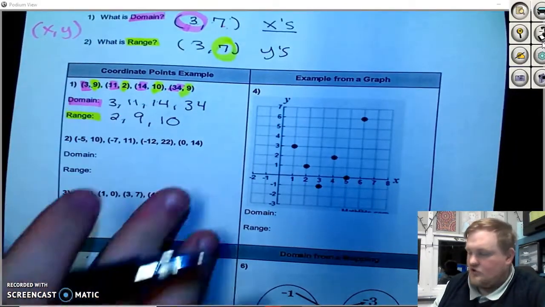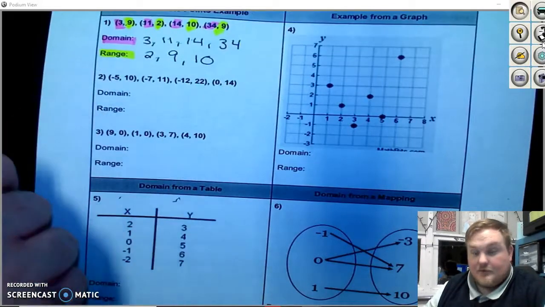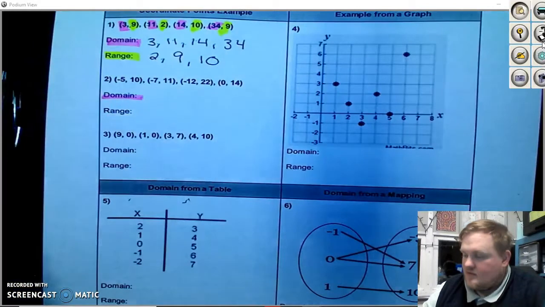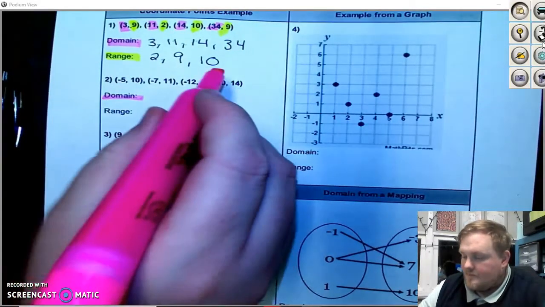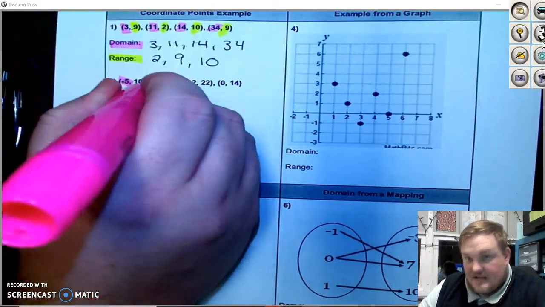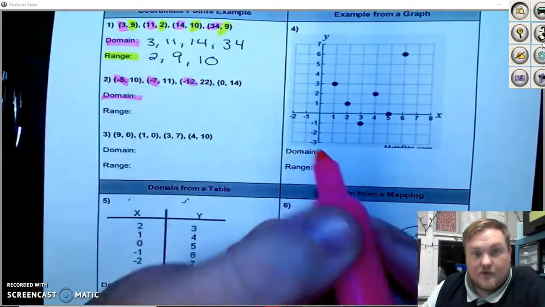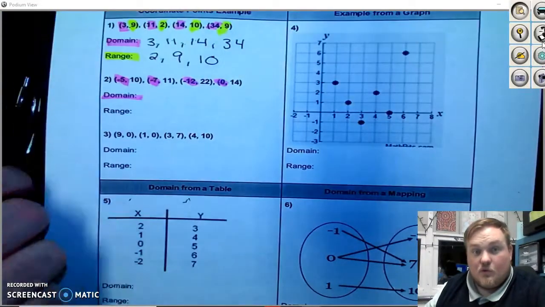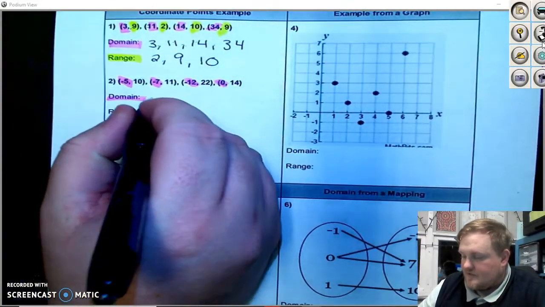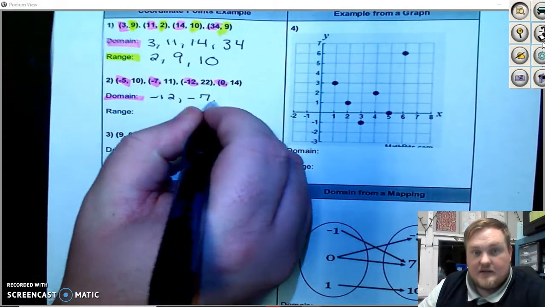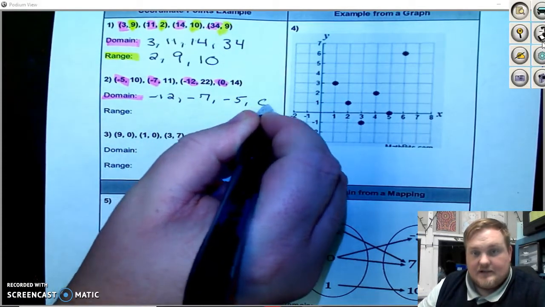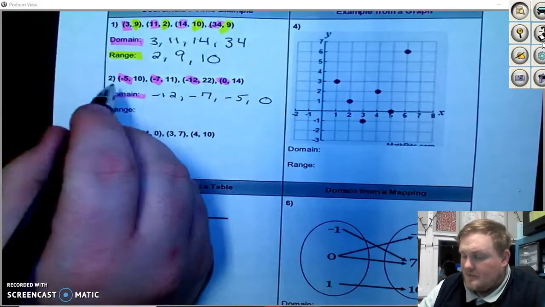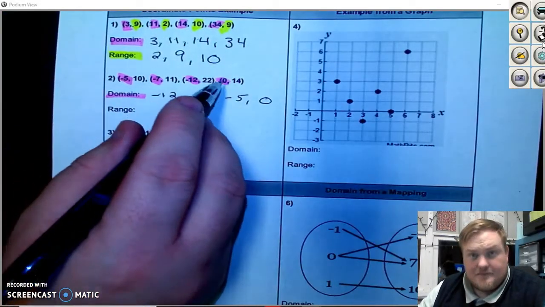That is the range. Again, looking at number 2, for your domain, it's all the x coordinates in your ordered pair. -5, -7, -12, okay, and 0. Again, they like to write it in chronological order, so I'll say -12, -7, -5, and 0. Just be able to identify that those 4 numbers match up with your x's, okay?